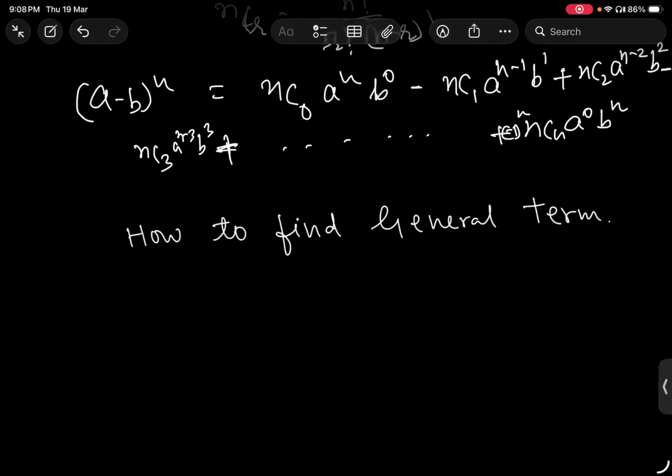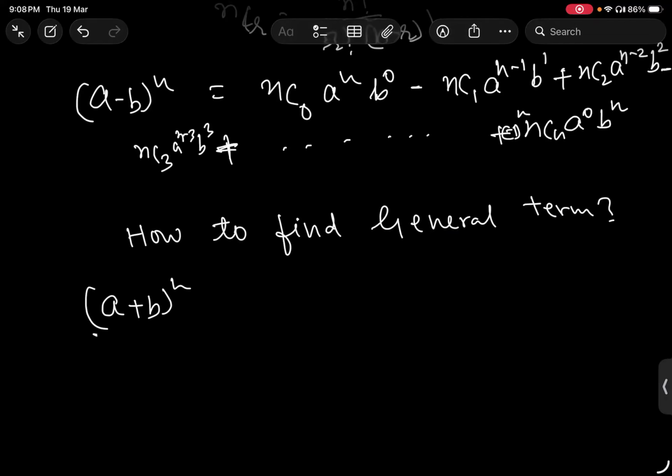Suppose in the expansion of (a + b)^n, we have to find the rth term, or the (r+1)th term.